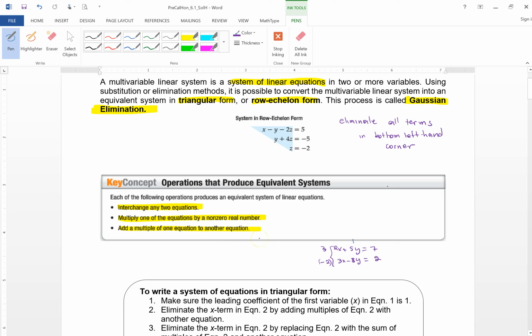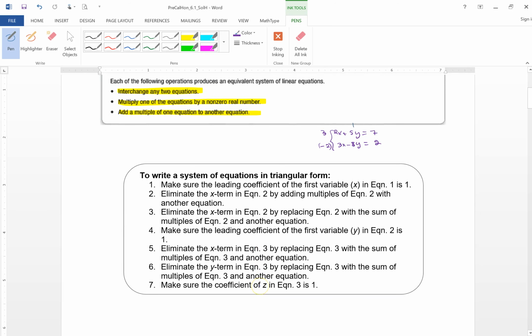Here are my little tips and tricks. First, you have to make sure the leading coefficient of x in equation 1 is 1.